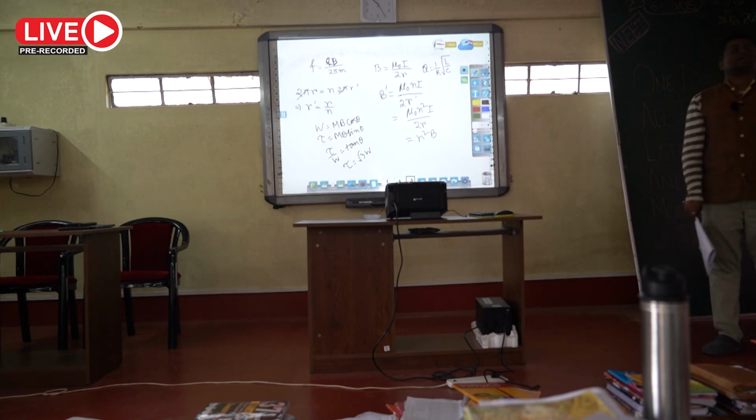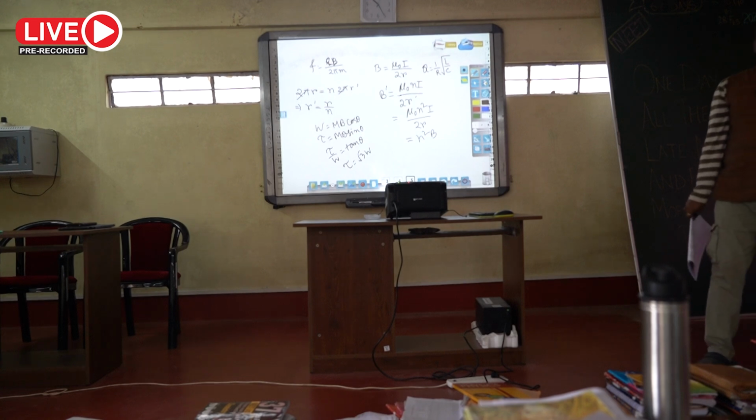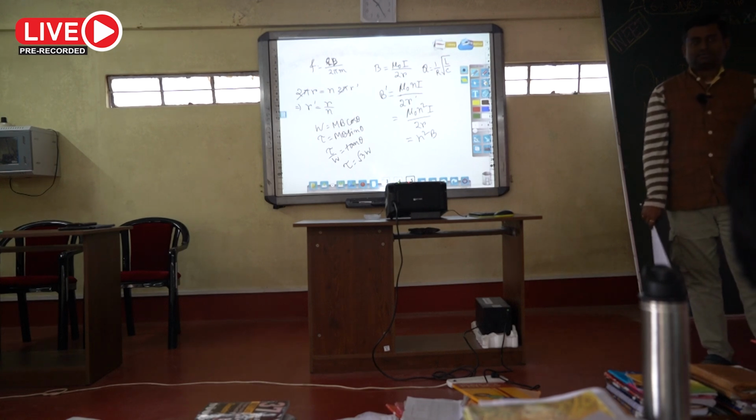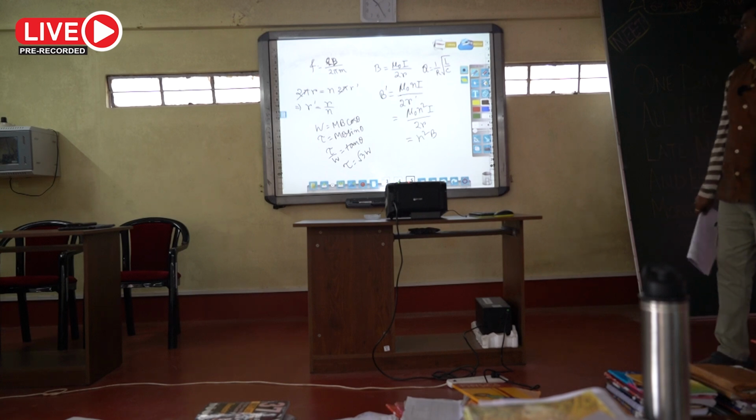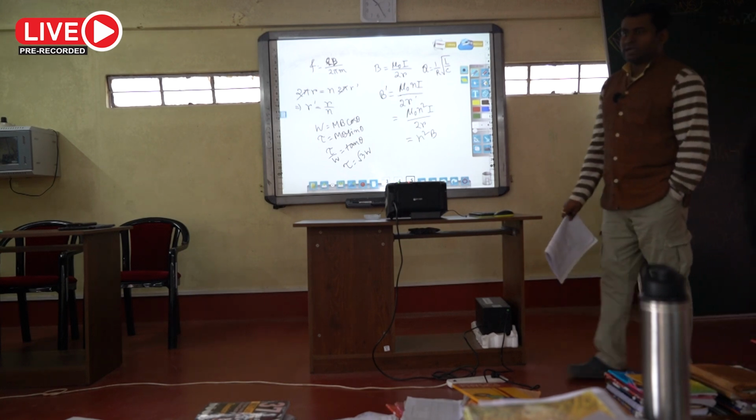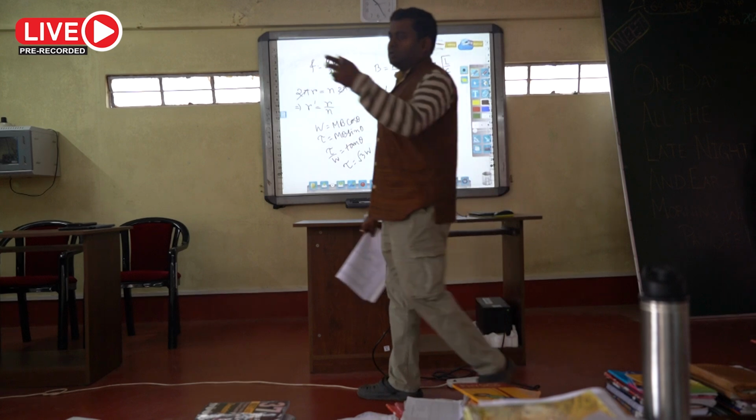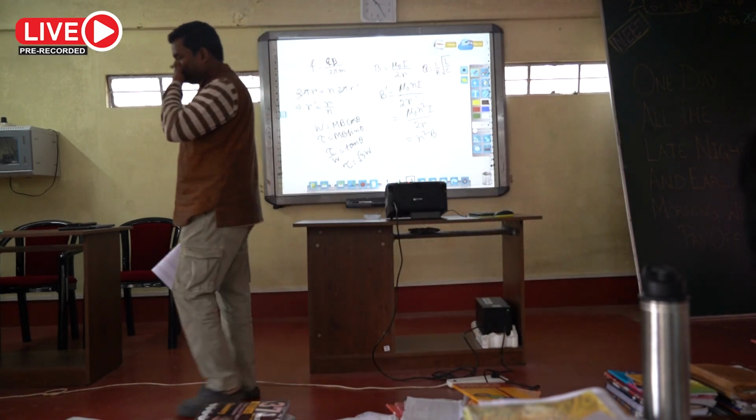Better communication means resonance curve is very sharp. Sharp resonance curve means highest quality factor. This is the formula for quality factor. You have to find out highest quality factor of the combination among the options.